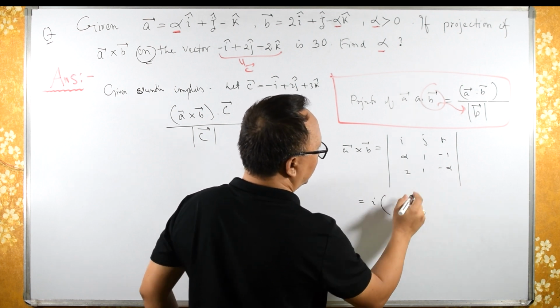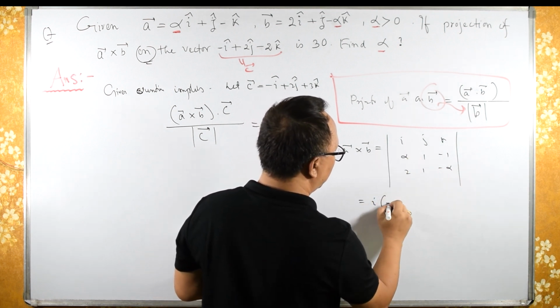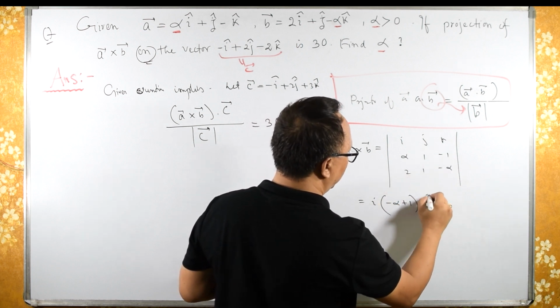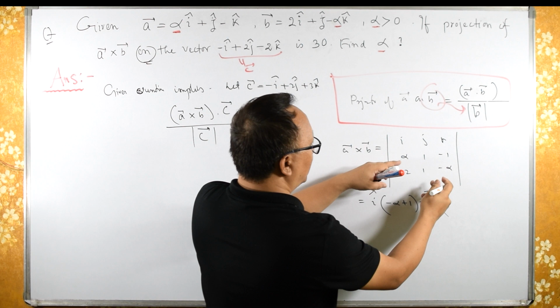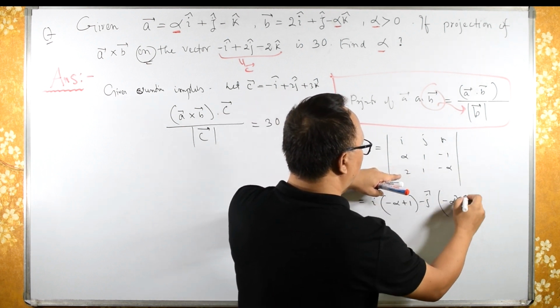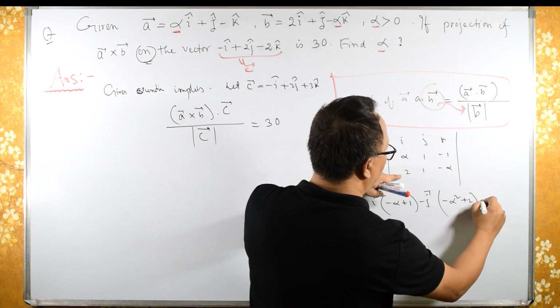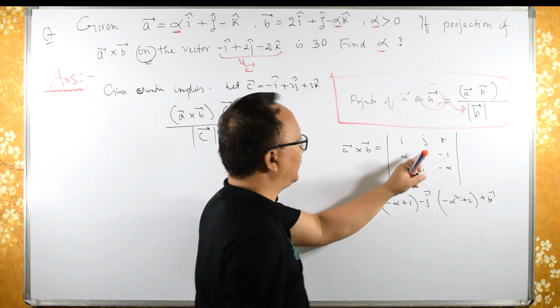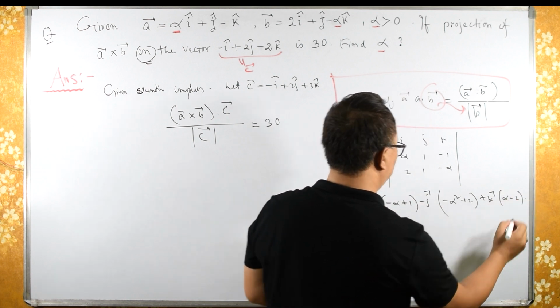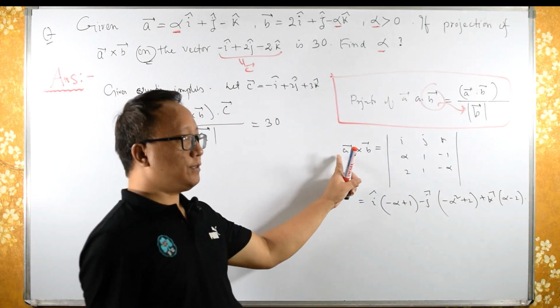Here i vector, this into this is minus alpha square, plus 1, minus j. These are all unit vectors. Here minus alpha square, and then plus 2, plus k, alpha minus 2. Now this is what a cross b.